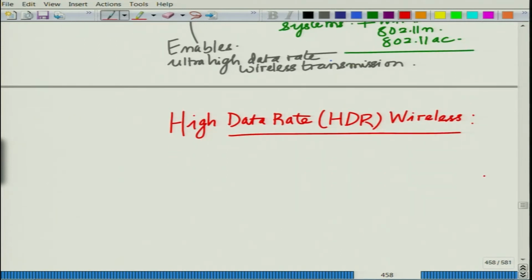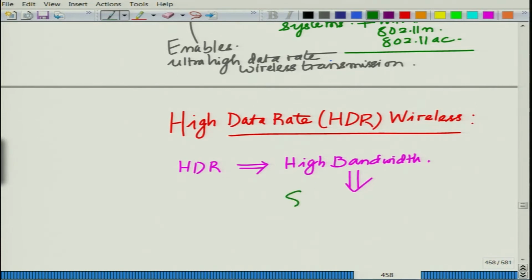The central issue, the fundamental problem here is that HDR, high data rate, implies you have high bandwidth, but the moment you have high bandwidth, this implies small, ultra small symbol time.